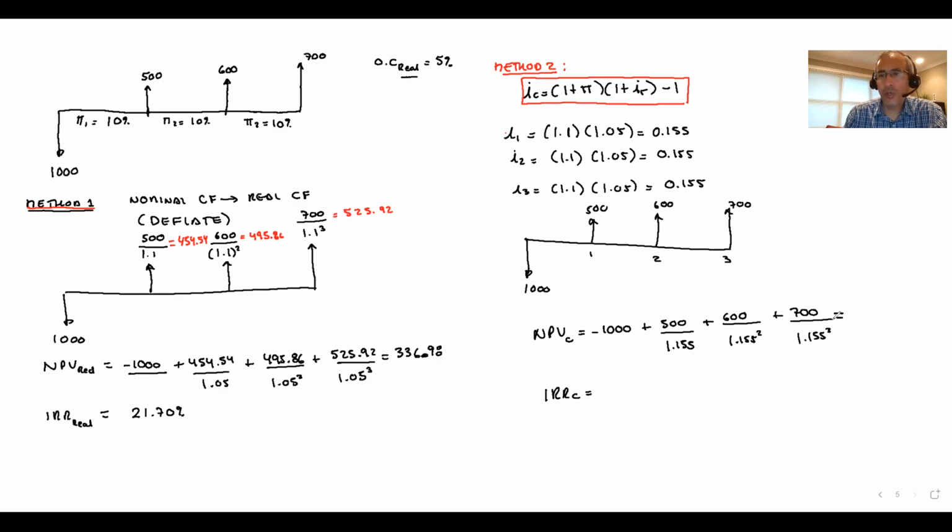So we're going to do this in Excel. If you do this, guys, you obtain 36.98.